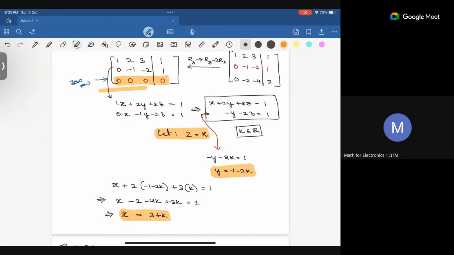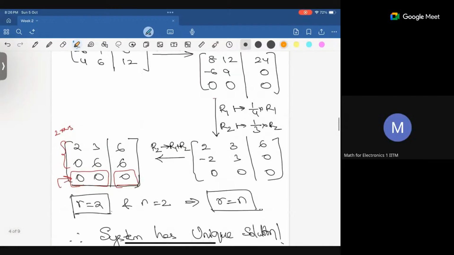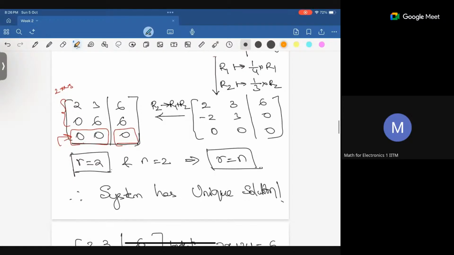So we would not have any case in which we get a unique solution, even if a row is zero? No, we have seen that.